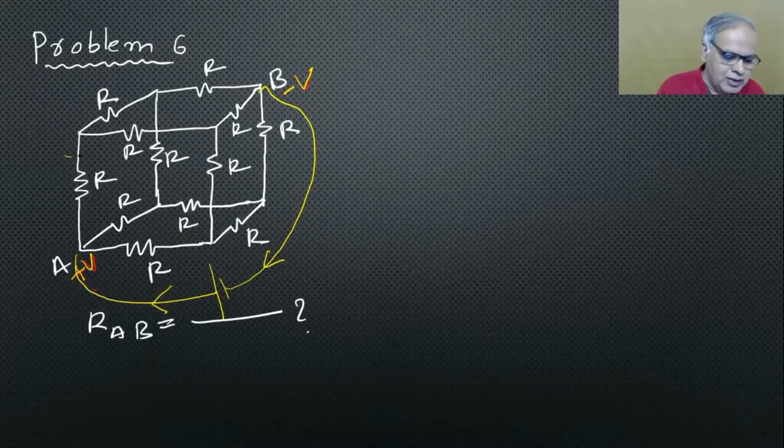So this one is one path. This one is another path. Like this one, you can go that side or come this side, it doesn't matter. This is another path. So 3 paths have identical resistance of R each.